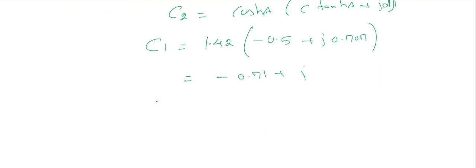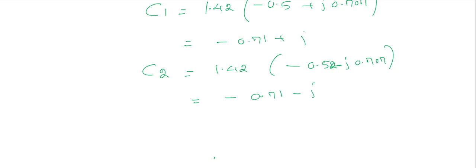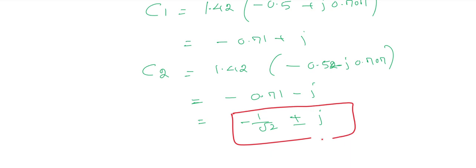So C2 will be 1.42 into minus 0.5, B2 dash, minus j 0.707, which is equal to minus 0.71 minus j. You can write this as minus 1 by root 2 plus or minus j. Finally, the Chebyshev poles are minus 1 by root 2 plus or minus j.